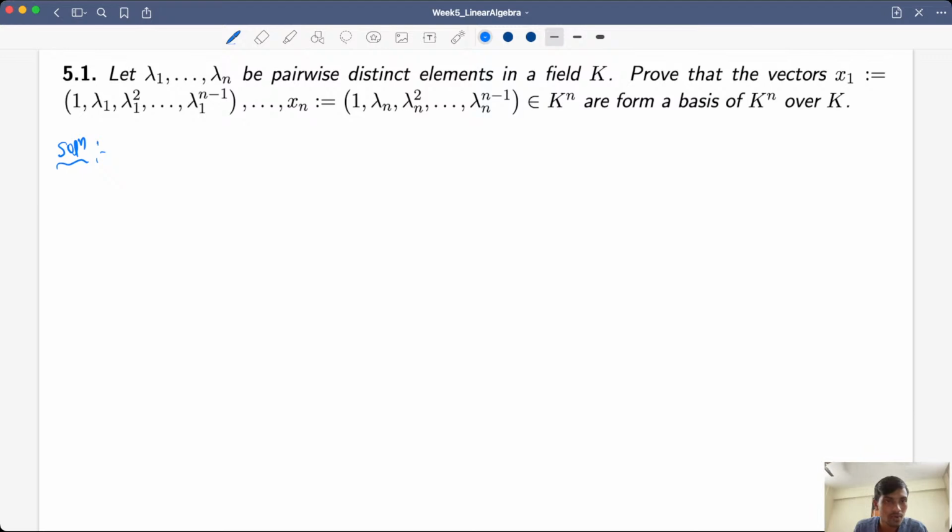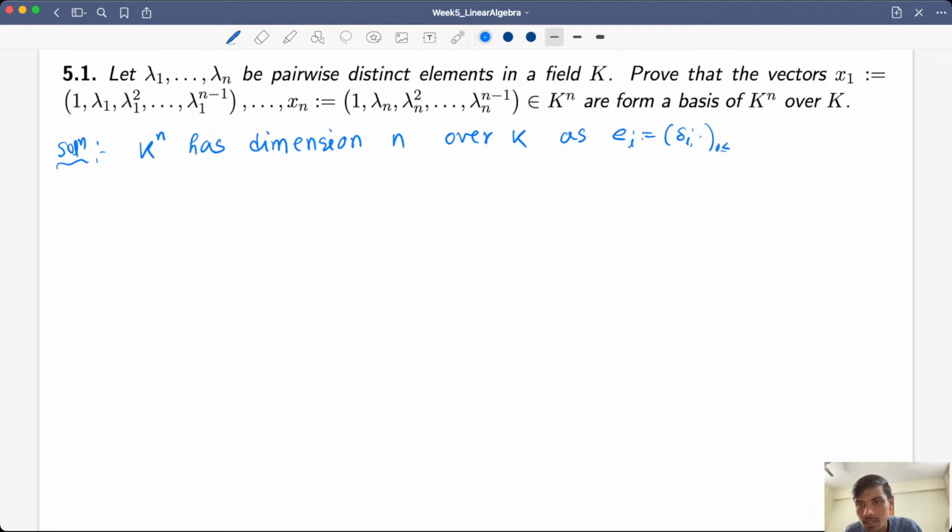So first, K^n has dimension n over K, as this set, the e_i by definition, e_i = (delta_ij), 1 less than or equal to j less than or equal to n.